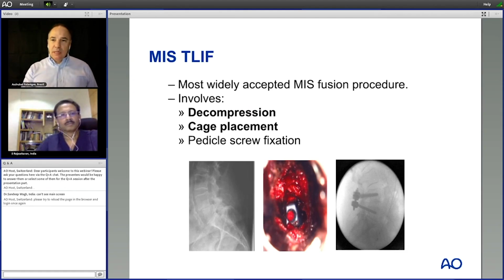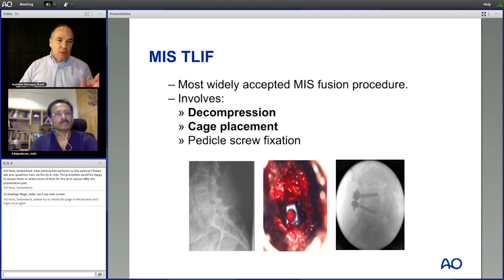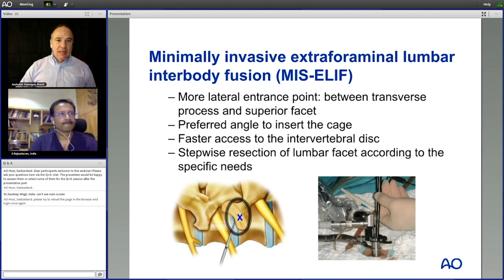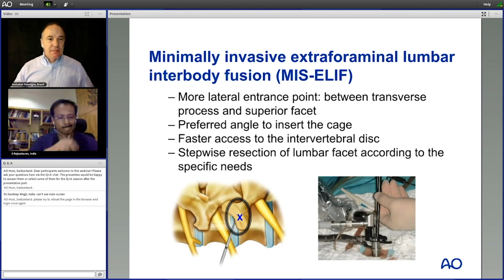As you know, MIS LIF is a widely accepted MIS fusion, and I'm going to touch on how to avoid CSF leakage during the decompression and cage placement. I usually do extraforaminal lumbar interbody fusion.